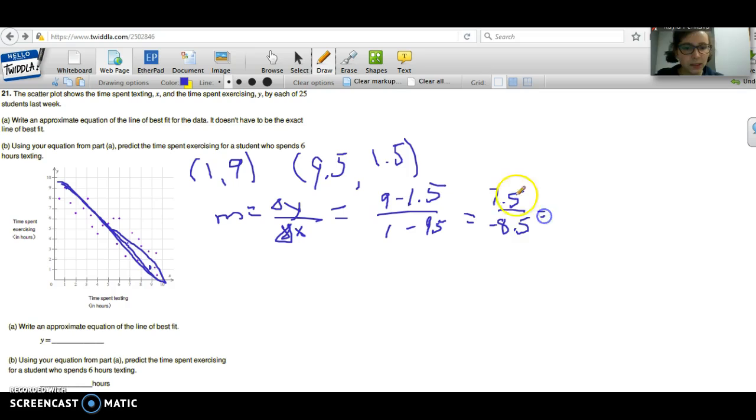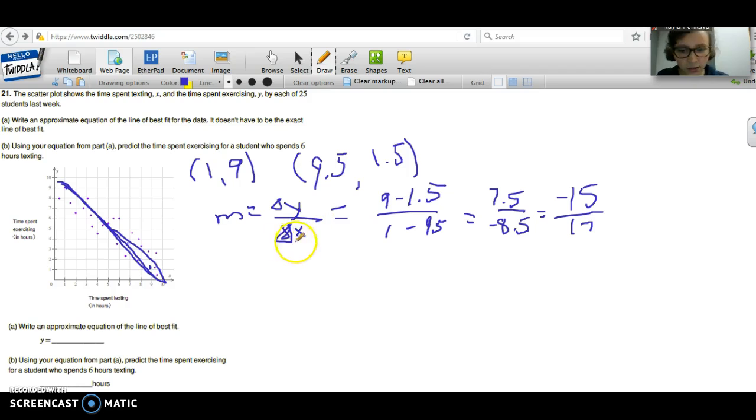If you want to avoid decimals, you can plug 7.5 over negative 8.5 into your calculator, go into math and click fraction, and it'll turn it into a fraction for you. I got negative 15 over 17, the fractional form of 7.5 over negative 8.5.